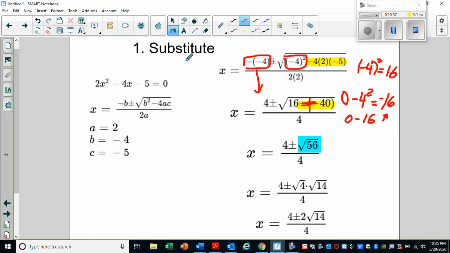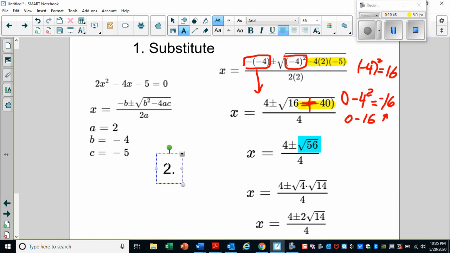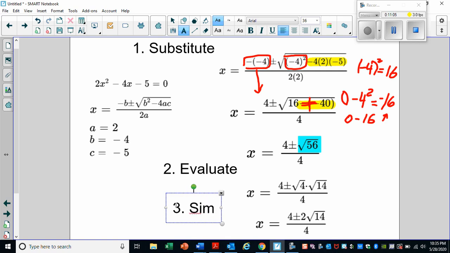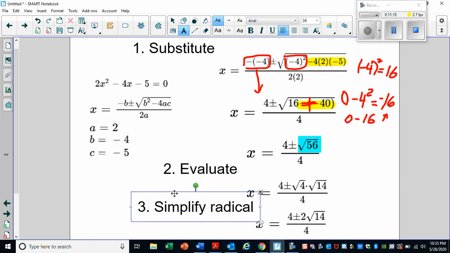So again, that is one of the most important parts of this whole problem. So if you do your substitution, number 2 is evaluate, which 16 plus 40 is square root of 56. And then the third part, you will need to simplify your radical, if possible.